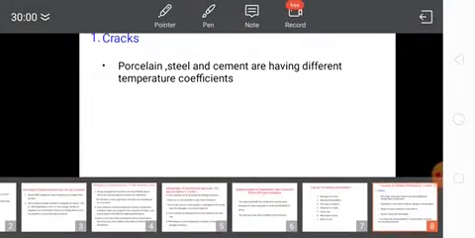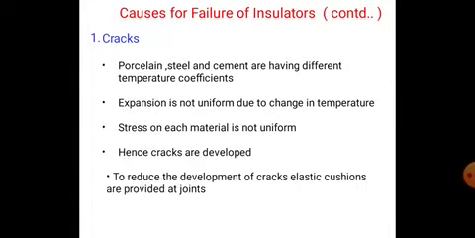Cracks. Porcelain, steel and cement have different temperature coefficients, so expansion is not uniform due to change in temperature, and the stress on each material is not uniform, and cracks are developed.